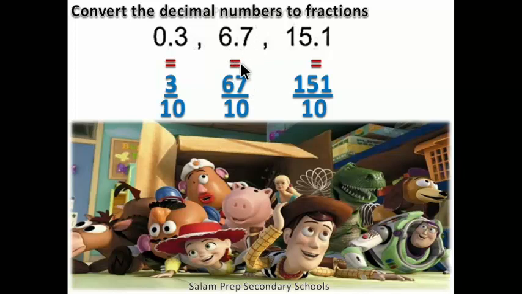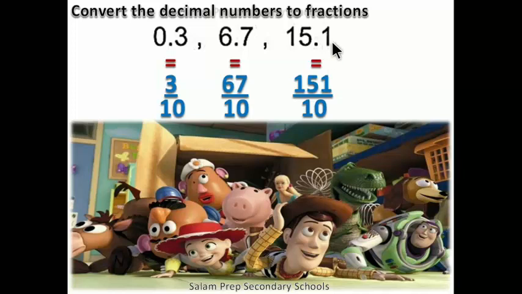6.7 equals. Now write the number without the decimal point, okay? 6 and 7, the number is 67. Now the decimal part 7 is in tenths, so we will write 10 in the denominator. 15.1.